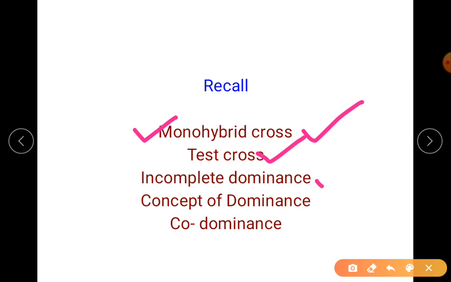Then there is incomplete dominance, a deviation from the cross, where the dominant factor is incompletely dominant over the recessive. That is incomplete dominance, also called partial dominance. Then you have understood the concept of dominance based on that.